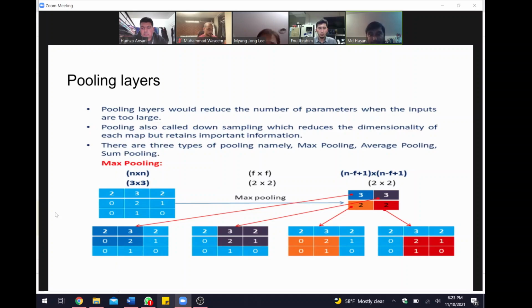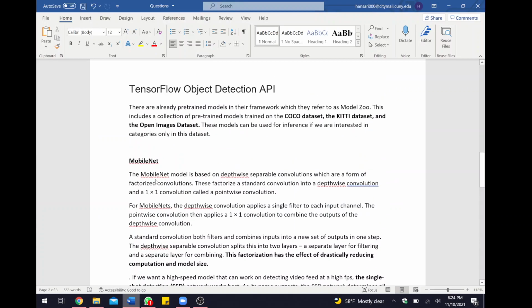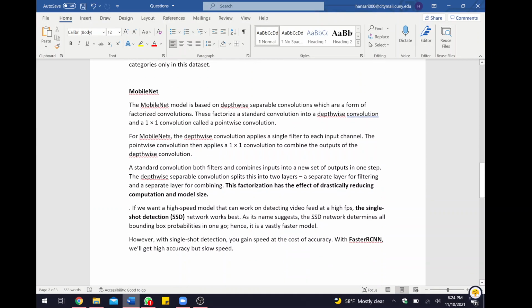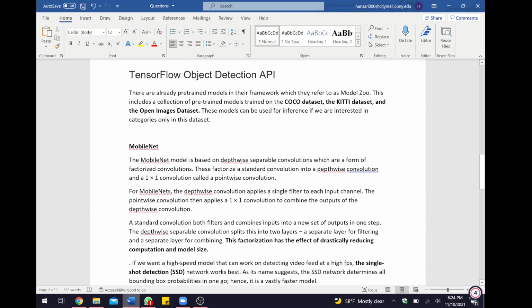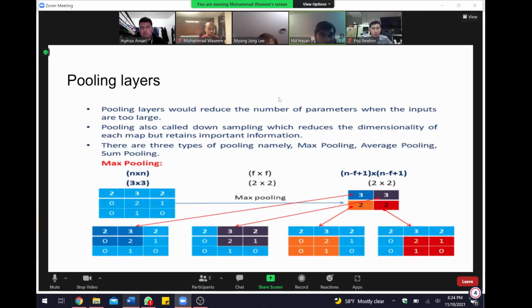In deep learning and machine learning, max pooling is predominantly used for convolutional neural networks. Say, for example, in the previous example, we have a 3x3 matrix, which is the output from our ReLU layer.